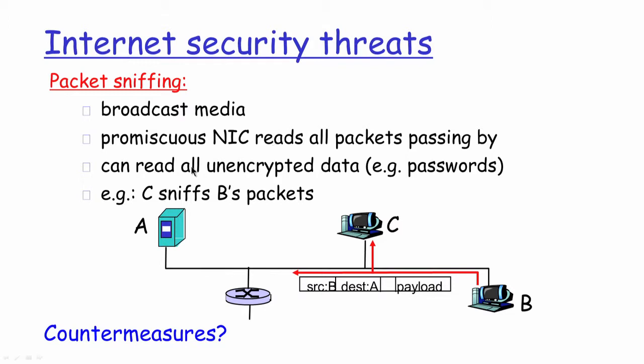And unfortunately, if the packet contains very highly secure data like passwords, that too in an unencrypted form, then all the passwords of the users will easily become accessible to the attacker.